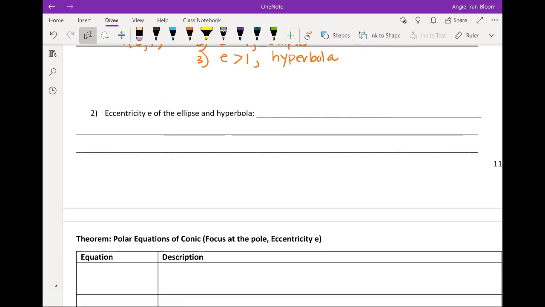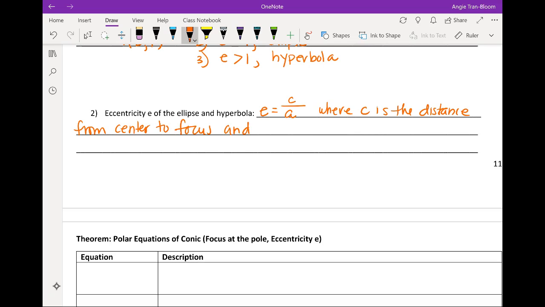You can also find the E value using the ratio of C divided by A. Where C is the distance from center to focus.